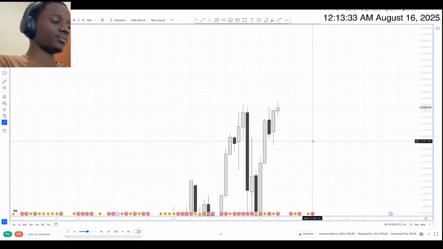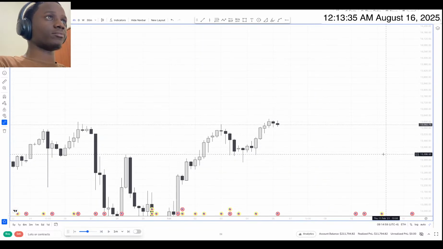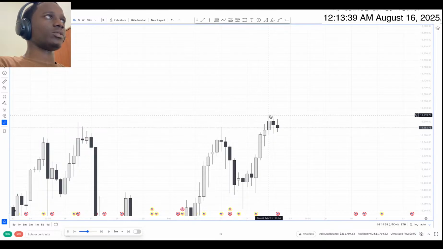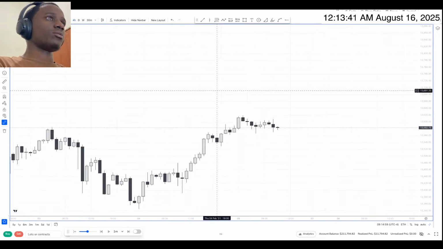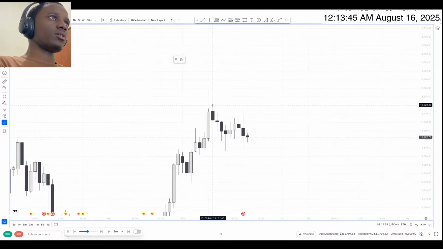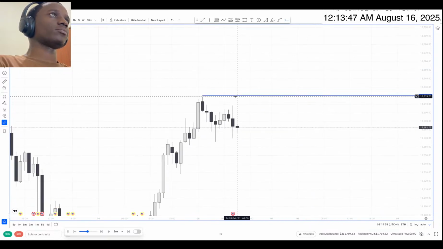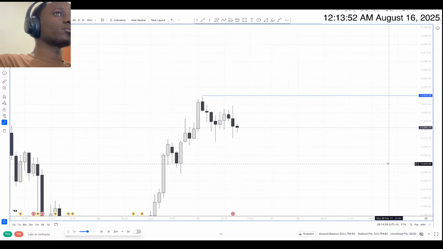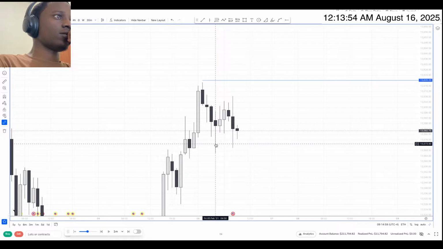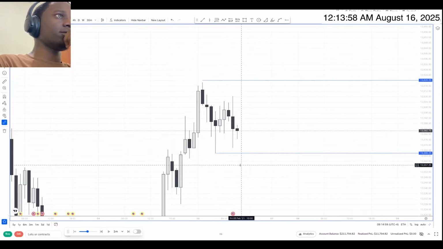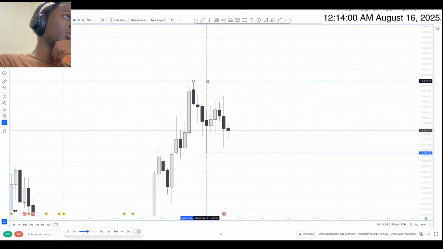Alright, 4H. This I will take out. Wait for this one here. 1H. So I've got this, and these are the lows from London Friday. So it might actually even drop.